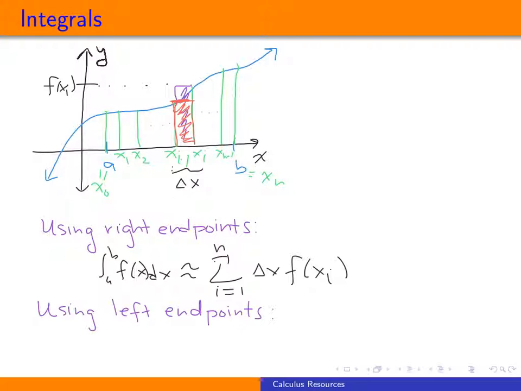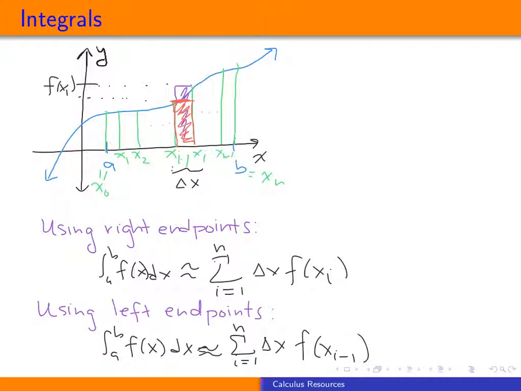So my integral from a to b of f of x dx is approximately the sum i equals 1 to n of delta x for the width, and now the height of this rectangle is determined by that endpoint x sub i minus 1. So the height is f of x sub i minus 1.